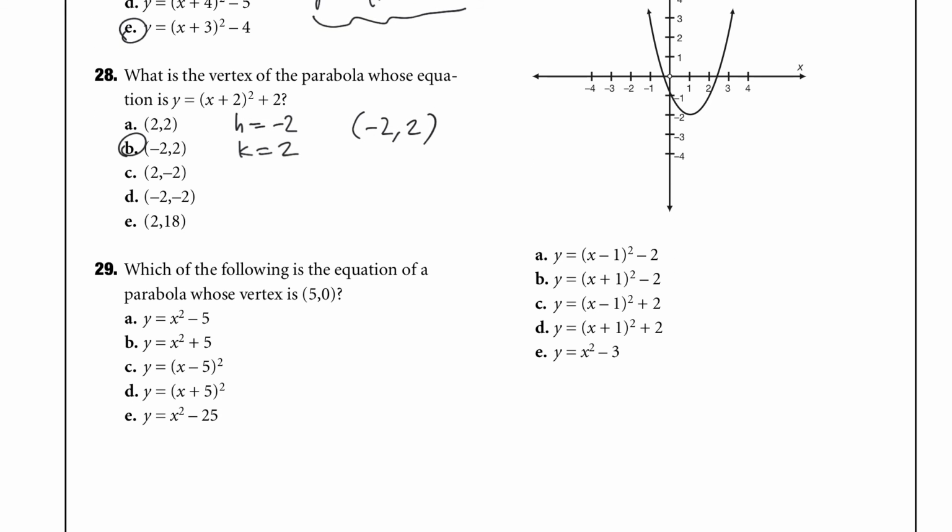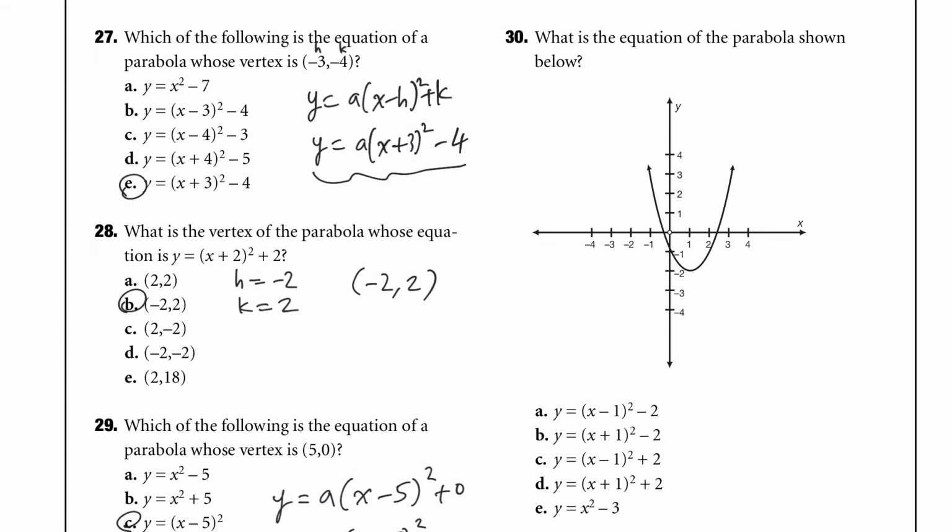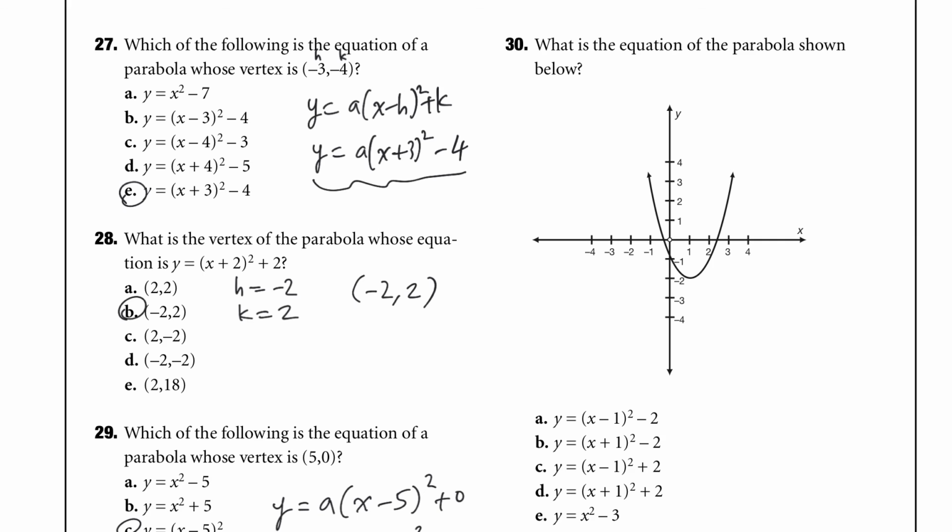Number 29. Which of the following is the equation of a parabola whose vertex is 5 and 0? So again, we're looking for something like this, plus 0, or something of this form. And we only have one, that's C. Last question of this practice set.